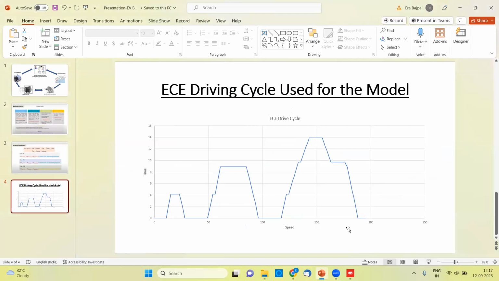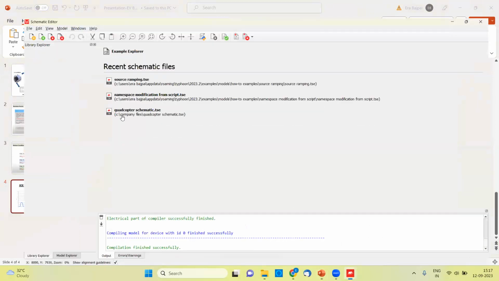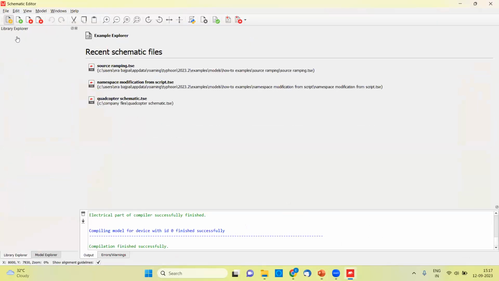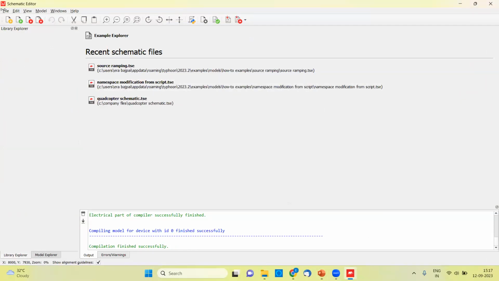So now coming to the part where we have to start the modeling. Yesterday, you all got a good idea about how our software looks and what the components in it are. So now we are just going to jump in and start with today's model. First of all, I'm going to select a new model. Either you can click on this yellow button or you can go to File, New and New Model.